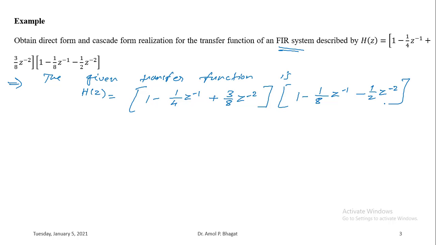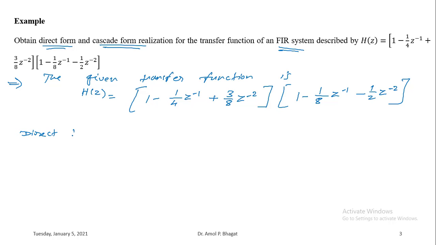Okay, so as it is specified in the example, you have to obtain direct form and cascade form realizations for this given FIR system described by this transfer function. So initially we'll try to obtain the direct form realization.